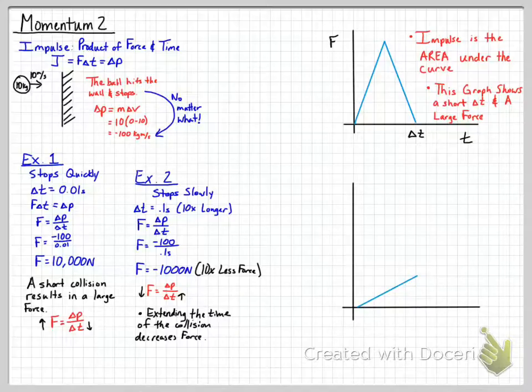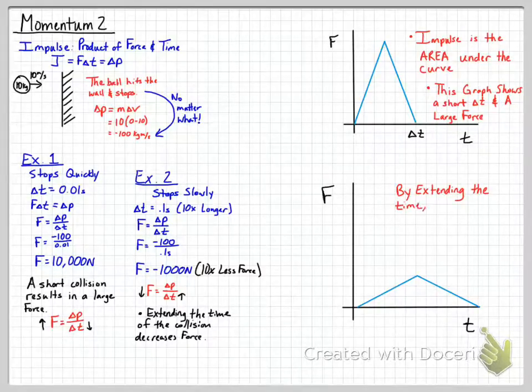So you can see that the time was, if we counted each box as a second, approximately 6 seconds, and our force was very large. If we do the exact same change in momentum and increase the amount of time it took, you can see that the force is less. So by extending the time, the same collision has less force.